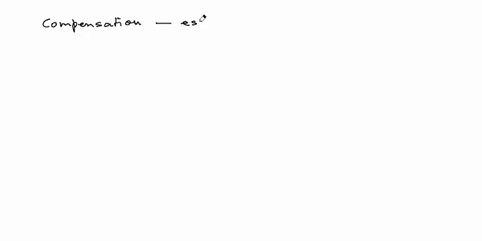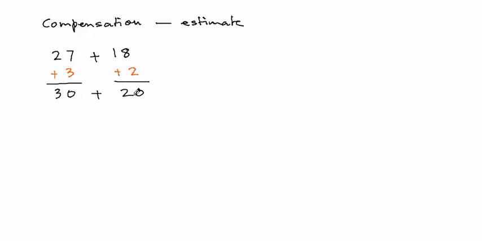You could also use the compensation technique to estimate answers. Imagine you want to add 27 with 18. Now if you change the 27 to a 30, that is add 3, and change the 18 to a 20, that is add 2, the two new numbers are 30 and 20. And it's very easy to add these two numbers.